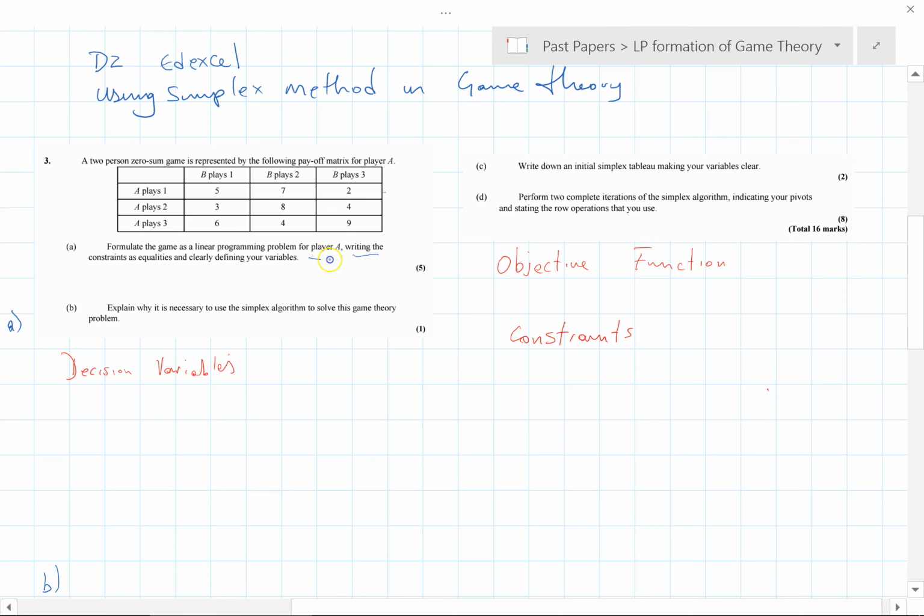It says from A's point of view, and A needs to decide the proportion or probability that they play each of the three options. So we can say let P1 be the probability A plays row 1.